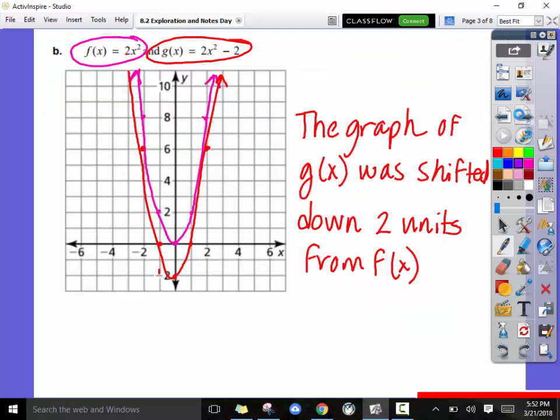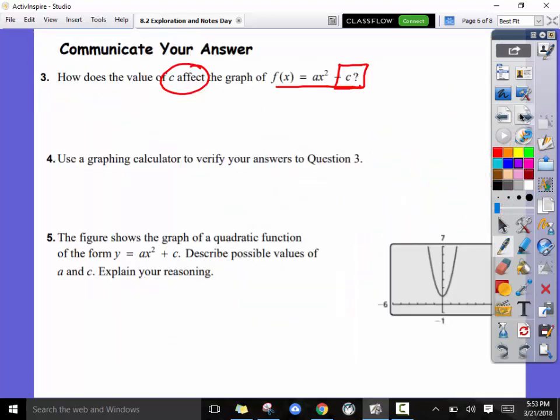And for the next one, you had f of x equals 2x squared, and for g of x, you had 2x squared minus 2. And we said the graph shifted down 2 units. So what that value of C is doing is causing the graph to shift up or down a certain number of units. So you can go ahead and record that.